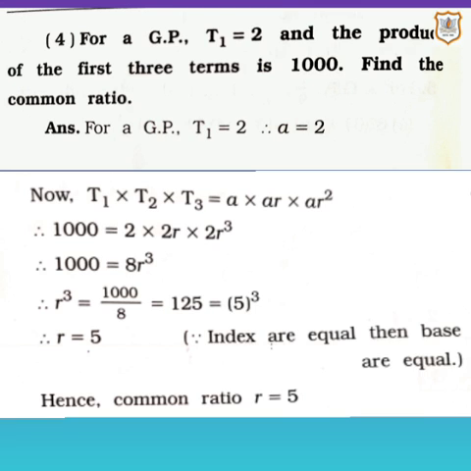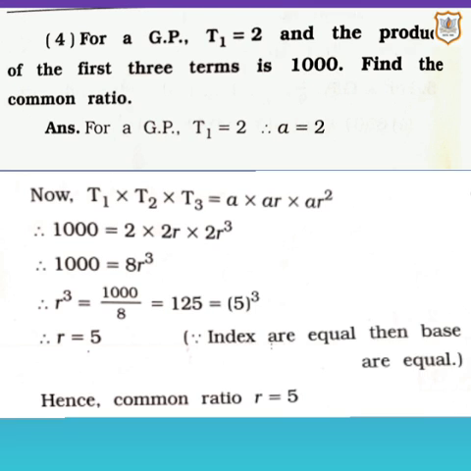So we can write T1 into T2 into T3 is equal to A into AR into AR square, as T1 is A, T2 is AR, and T3 is AR square. Now, we know the product of the first three terms, T1 multiplied by T2 multiplied by T3, is 1000.